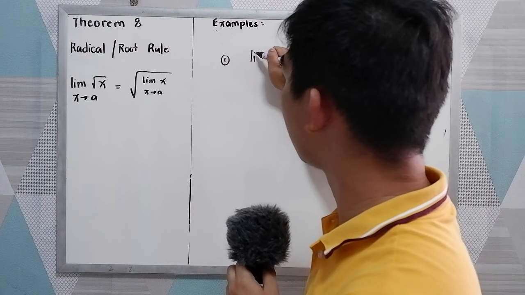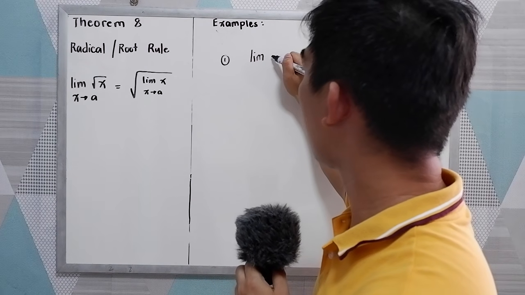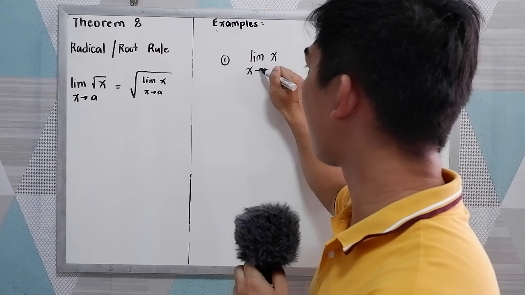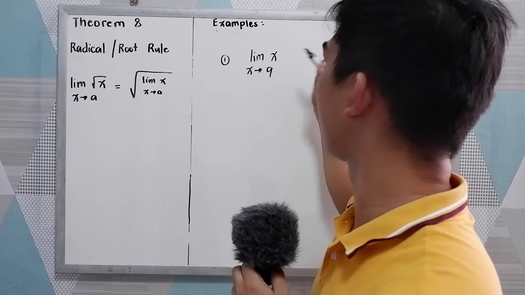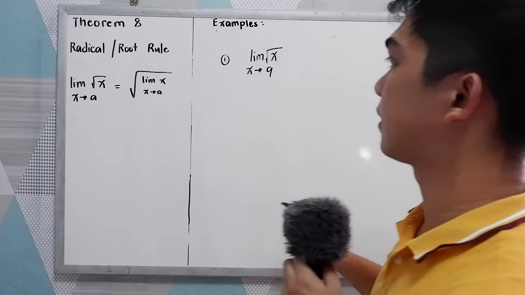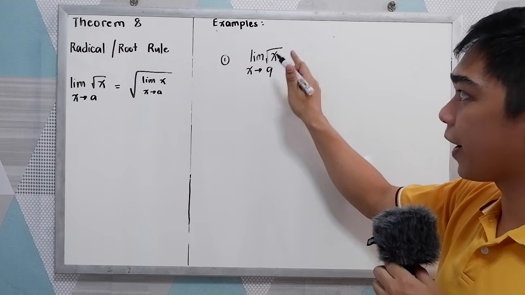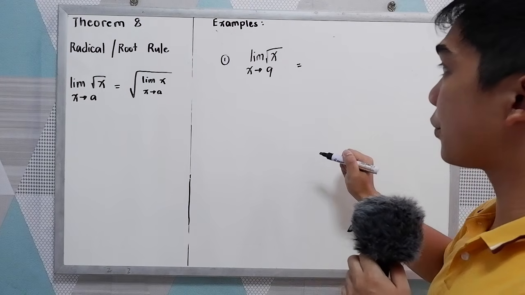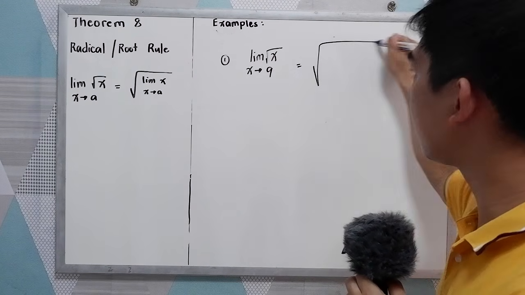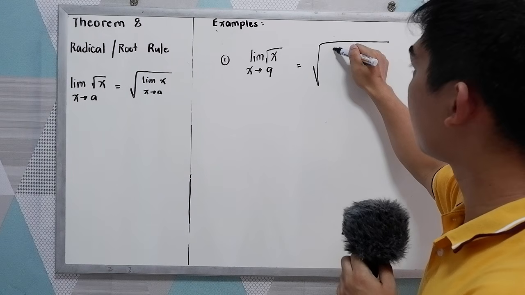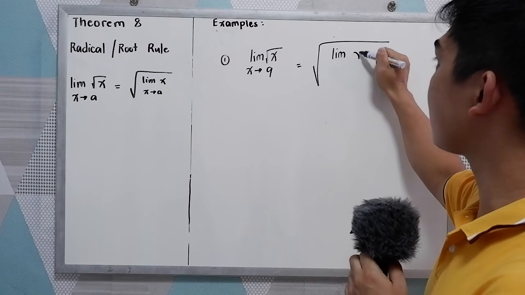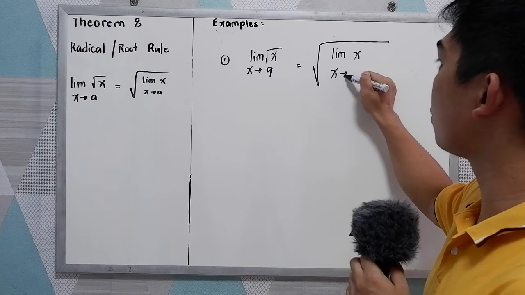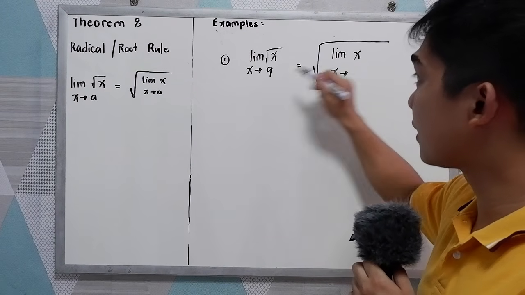Let's say we have the square root of x. Limit of square root of x as x approaches 9. So that is just equal to the square root of the limit of x as x approaches, we have here 9.